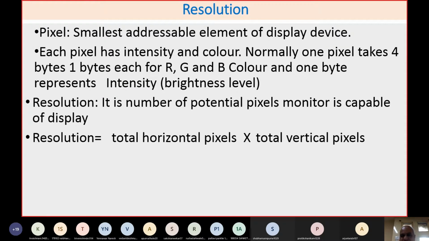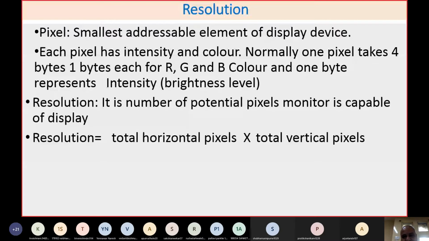With 256 combinations of R, 256 of G, and 256 of B, millions of colors can be generated. Normally hex data is given: 2 hex digits for R, 2 for G, and 2 for B. These 6 hex digits will represent one color out of the millions of colors.